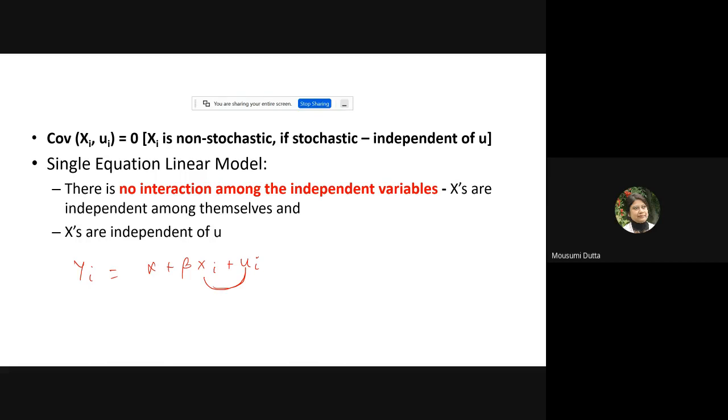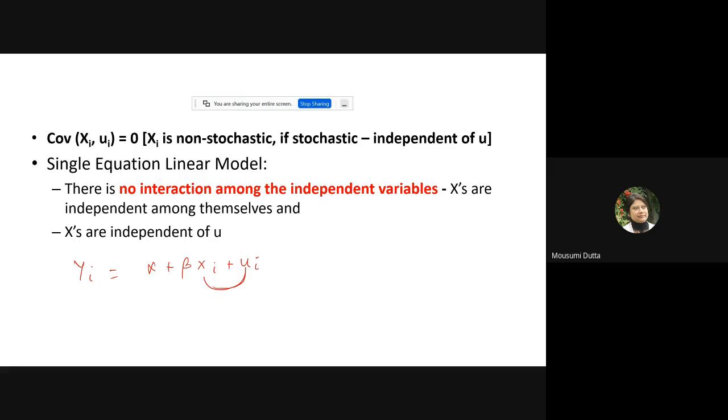Now, if I consider xi is a non-random variable, non-stochastic variable, then this assumption is trivially satisfied, because ui is always random.